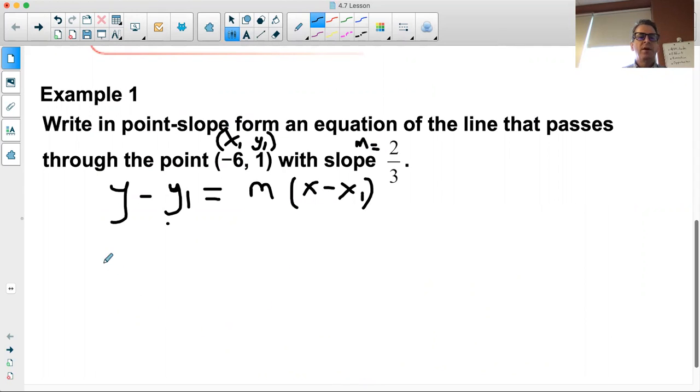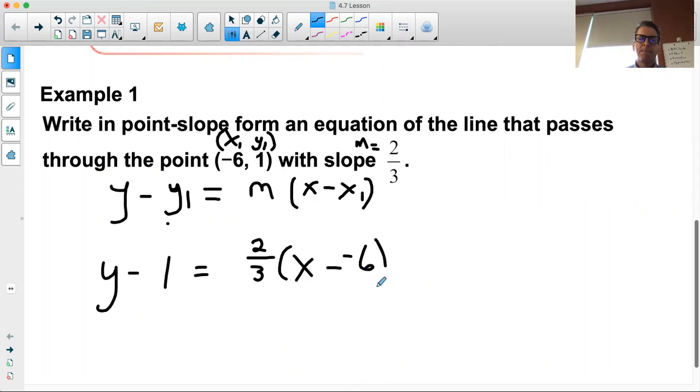So our answer would be y minus the y1, which is 1, is equal to the slope 2/3 times x minus the x1, which is -6. Now, y minus 1 is equal to 2/3 times x minus a negative, and subtracting a negative is to add a positive. So you can change that to adding a positive, and then circle your answer.